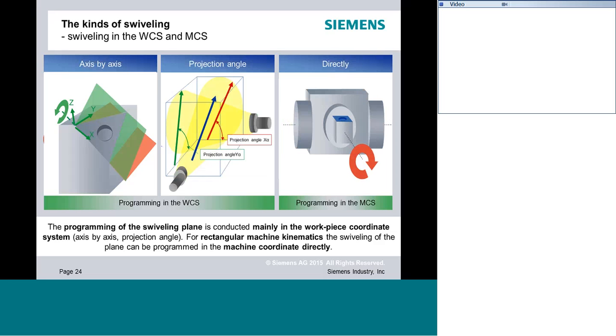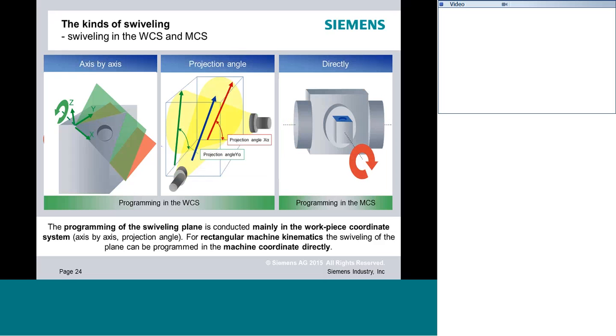You'll find a lot of CAD/CAM packages tend to program that way because they're used to it historically. Where it becomes a hindrance is when you have compound rotations. It can be daunting to figure out which rotaries you have to move and when. More importantly, what we're talking about now, between axis by axis and direct, is the difference between kinematic dependent and kinematic independent programming.